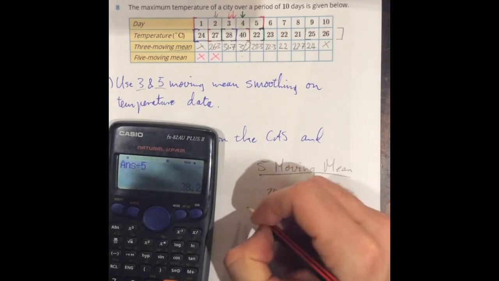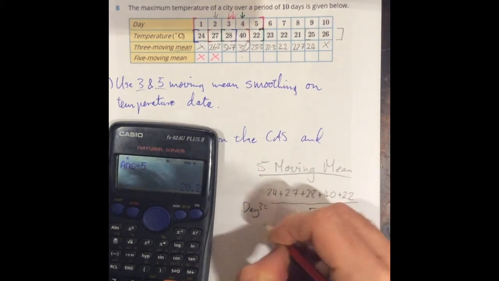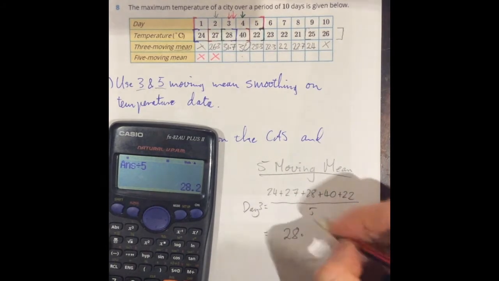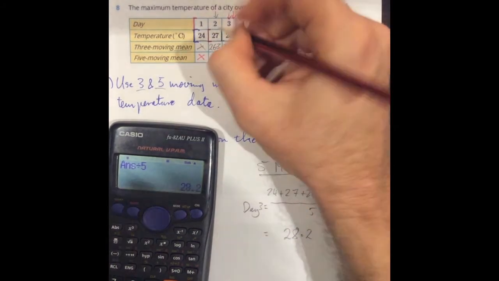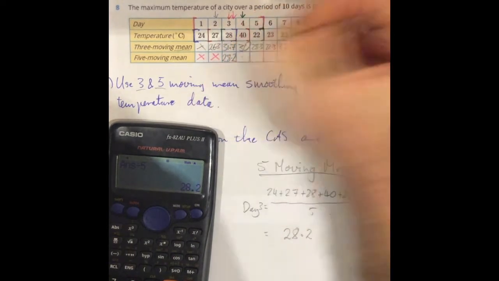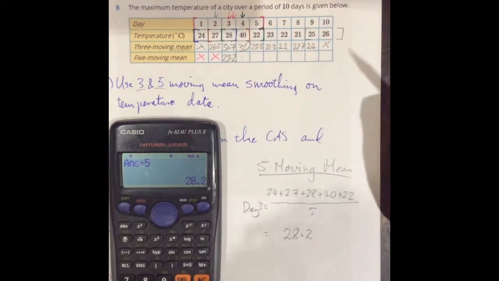So call this, label it as day 3. That gives us 28.2. Okay, so 5 numbers, and we keep moving across one each time.